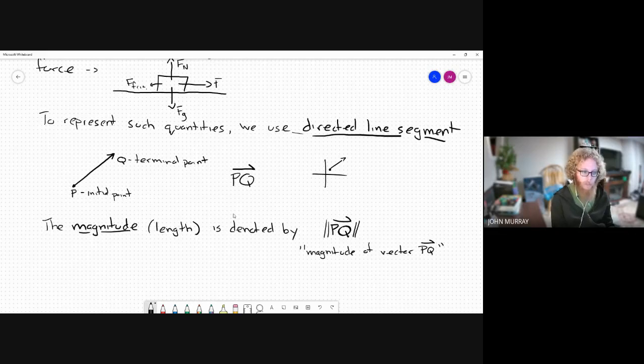If you see this, it's saying the magnitude of vector PQ. And if you have this symbol above it, that means that we have a vector. I just wanted to be clear there.